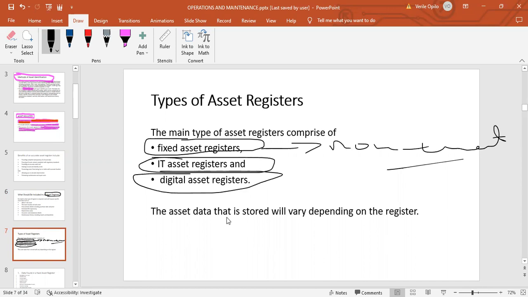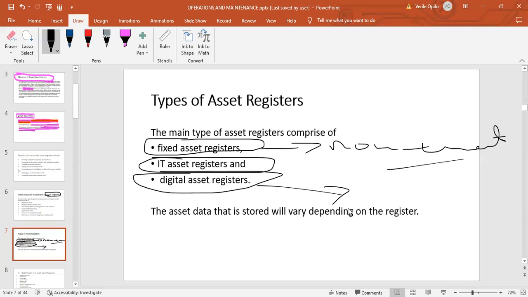IT asset registers relate to anything information technology, the laptops that are owned by the business. So we have both the hardware and the software bit. So in this case, for example, are there any software you've acquired and things like that? The digital assets refer to any assets that are not tangible in nature.